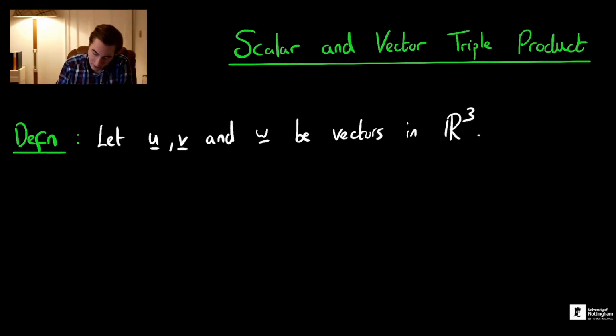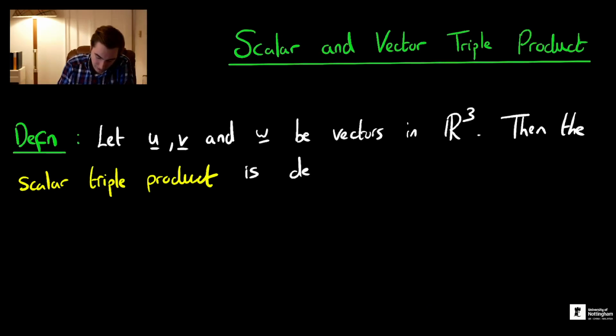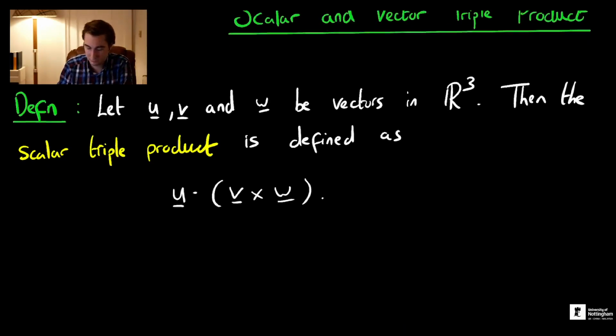Then the scalar triple product is defined as, we write it as u dotted with v cross w, simply written in this way.